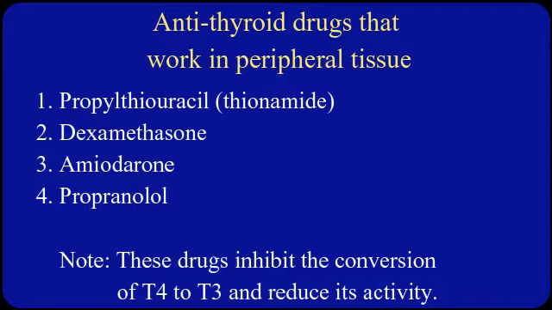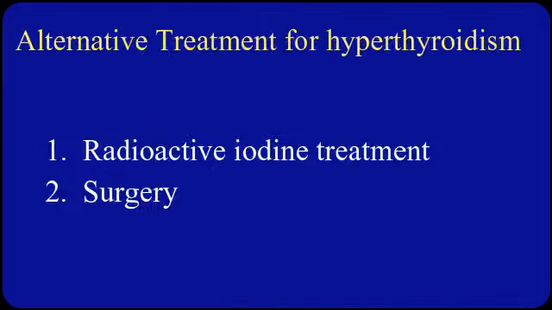Here it is to be noted that these drugs inhibit the conversion of T4 to T3 and thereby reduce its activity. In cases where hyperthyroidism cannot be treated by these medicines, the two other alternative treatments are number 1, destruction of the thyroid active tissue by radioactive iodine treatment, and number 2, as the last resort, surgical removal of the thyroid gland.